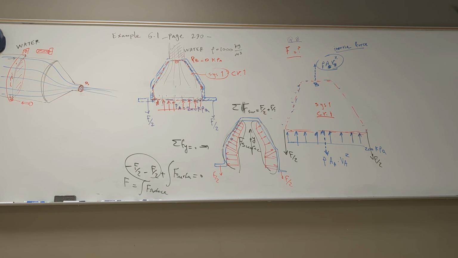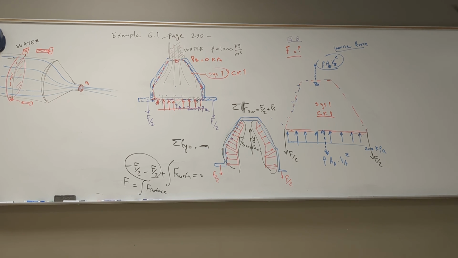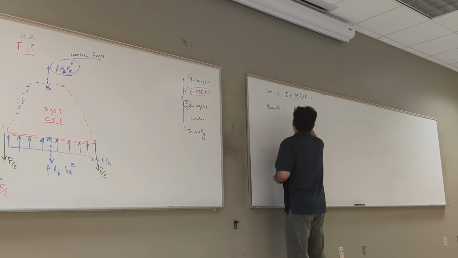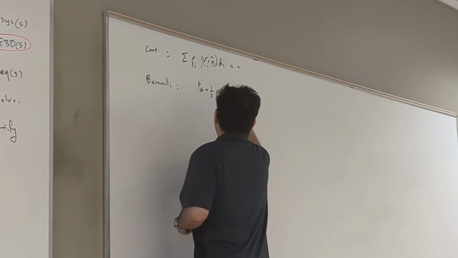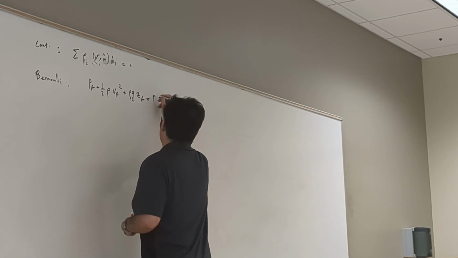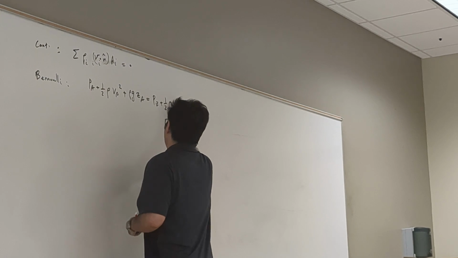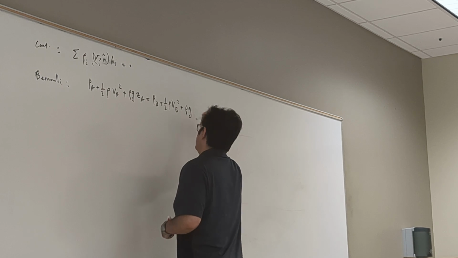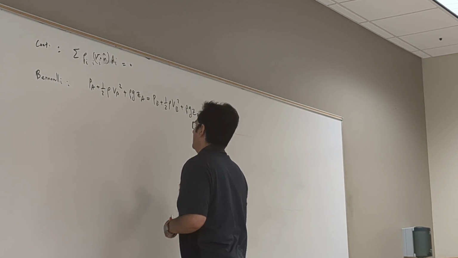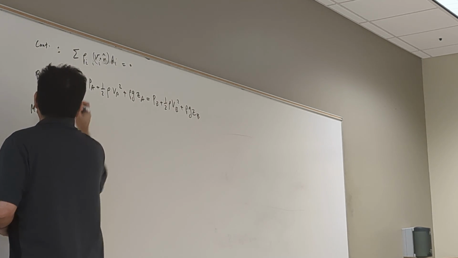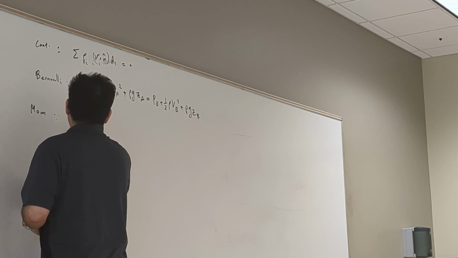Then Bernoulli, between points A and B: PA plus 1/2 rho VA squared plus rho g ZA is equal to PB plus 1/2 rho VB squared plus rho g ZB. Right?